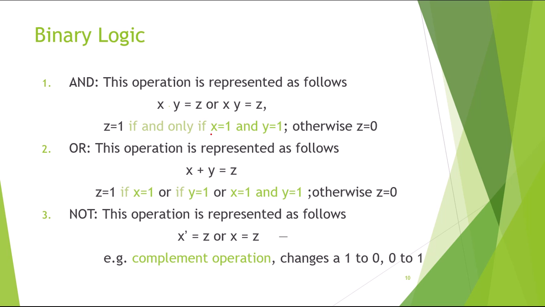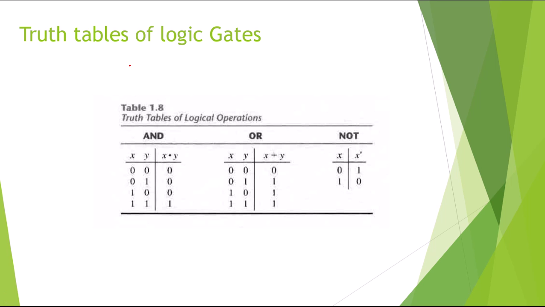Before moving to the next slide, we should not get confused by the multiplication and plus signs with decimal multiplication and decimal addition. Decimal number multiplication and addition are different from these. These are logic operations, whereas those are decimal, arithmetical operations.